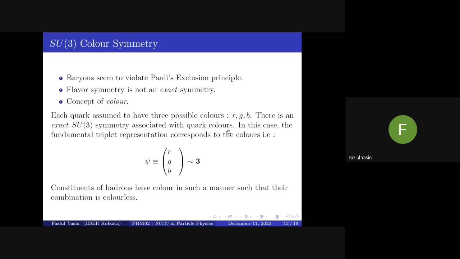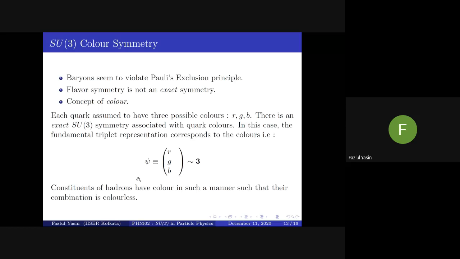And because these are colors associated to the same quark, it's basically the same mass, and this means that the SU3 color symmetry is an exact symmetry. And in this case, the fundamental triplet representation corresponds to the colors themselves. I mean, the quarks of these colors, which is represented in this manner.